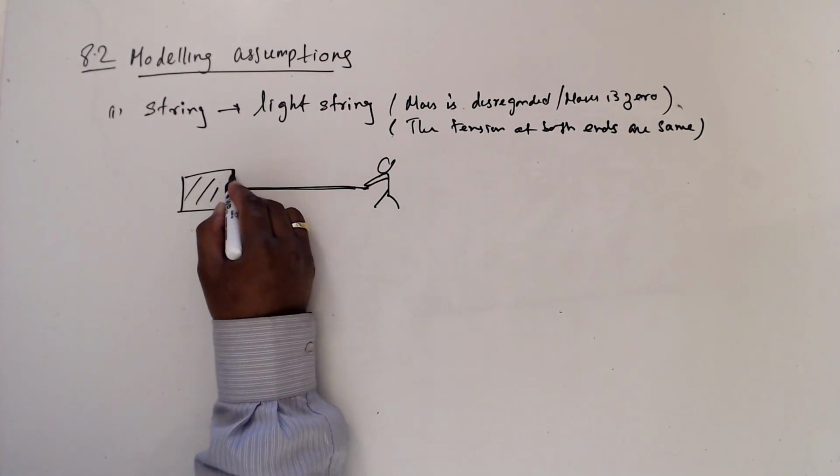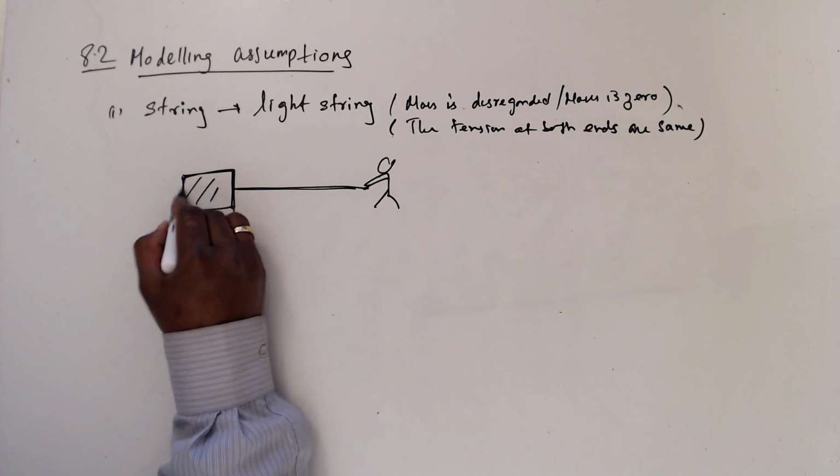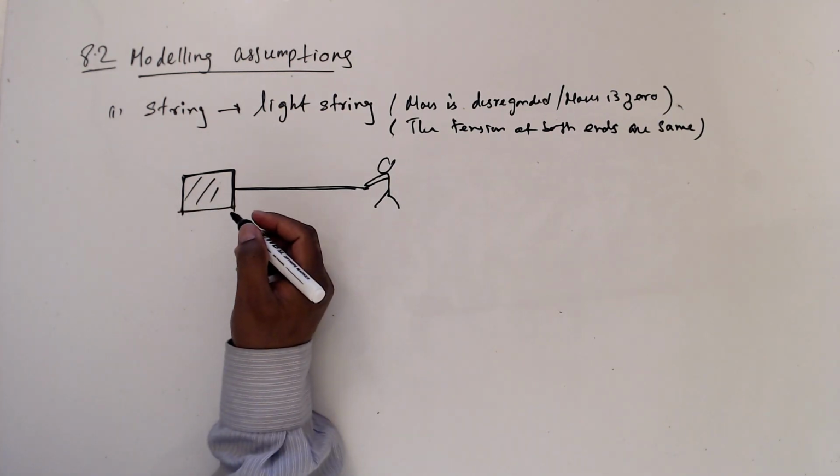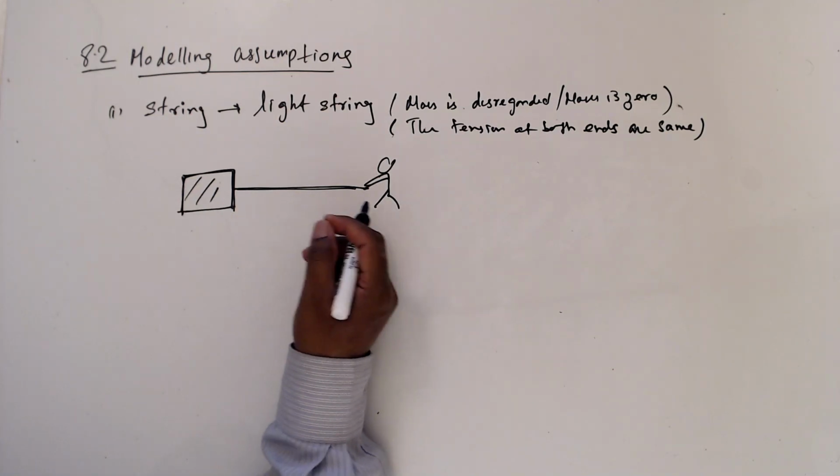What will happen if you pull a mass, or a table, or anything with a string?